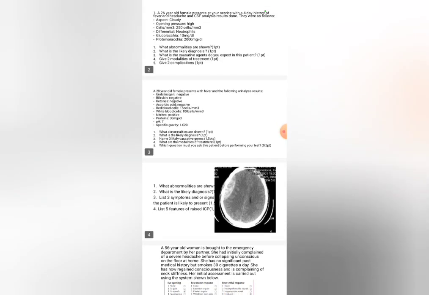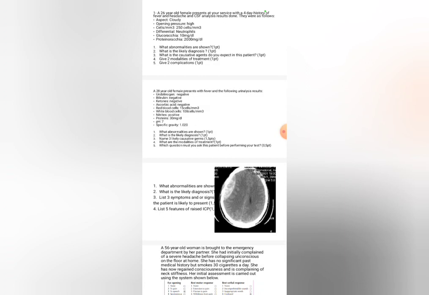Now, after analyzing the macroscopic aspect of cerebrospinal fluid, you analyze the biochemistry, and then you analyze the microscopy. For the biochemistry, you have to analyze glucose, and the normal CSF glucose level has to be at least half of the blood glucose level, meaning that if the blood glucose level is 100, it has to be 50.